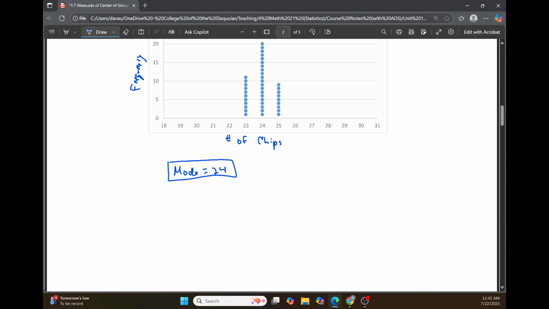So the original data set would have had 11 23s, and then 20 24s, and then 9 25s, right? So it would have looked like 23, 23, 23, 11 times.